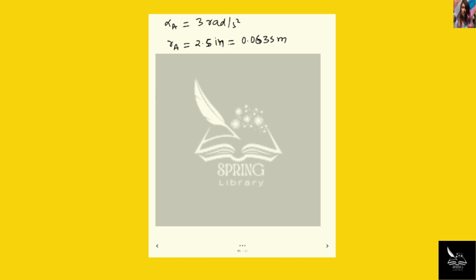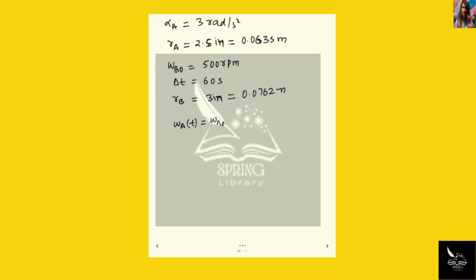Okay, and for disk B, we have omega B naught, the initial angular velocity, as 500 rpm, and delta t equals 60 seconds to stop it, and radius of disk B, RB, is equal to 3 inch, that is equal to 0.0762 meter.